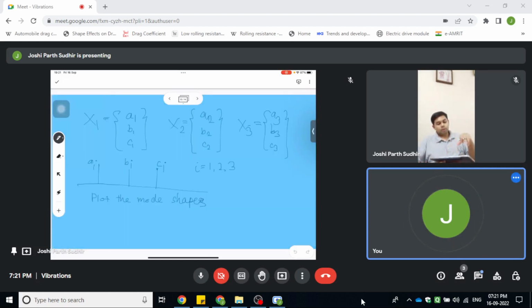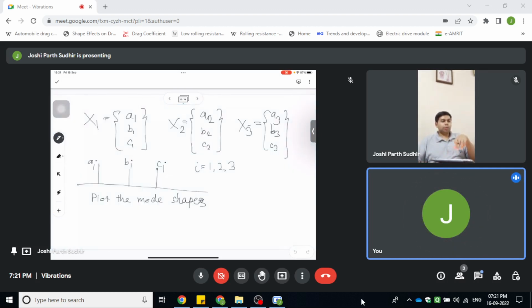Then we get the eigenvectors x1, x2 and x3 of the form ai, bi, ci, and then we can plot the mode shapes the way it is shown.